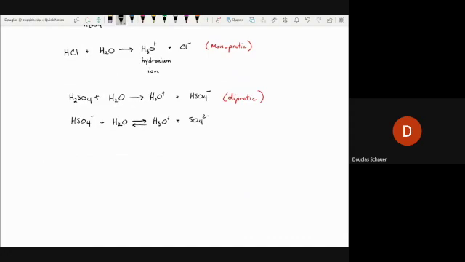Okay, and then we could have triprotic, like what we saw with phosphoric acid. Now, phosphoric acid is a weak acid, so even that first proton coming off is going to be a weak or a partial dissociation. Okay, but then we can show that undergoing dissociation as well.